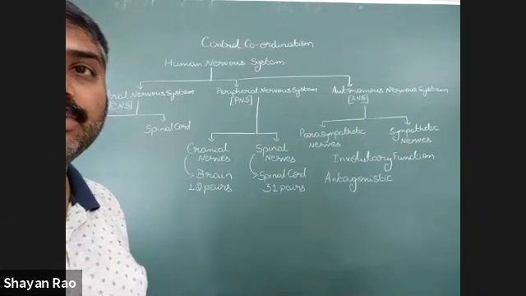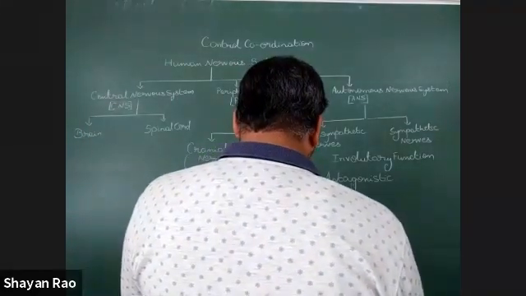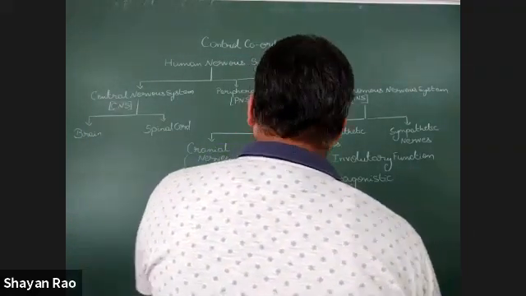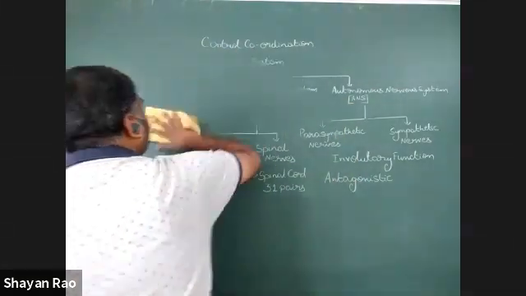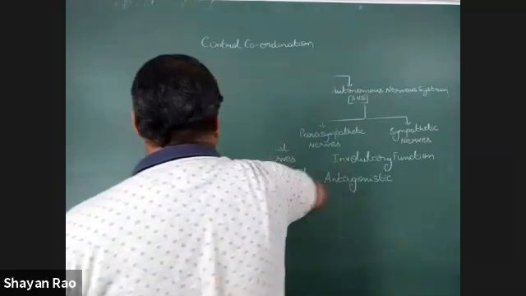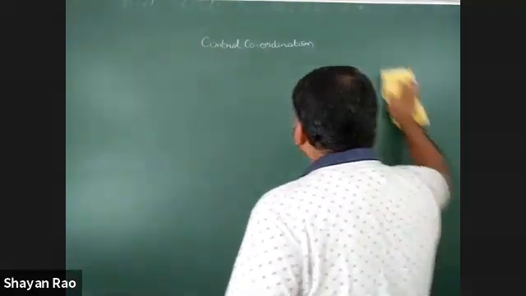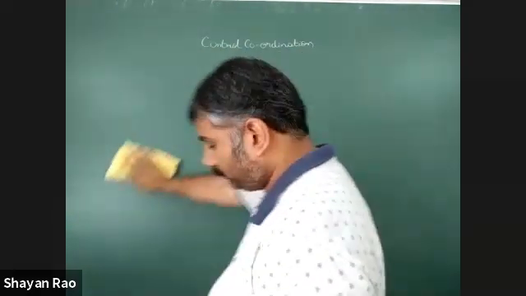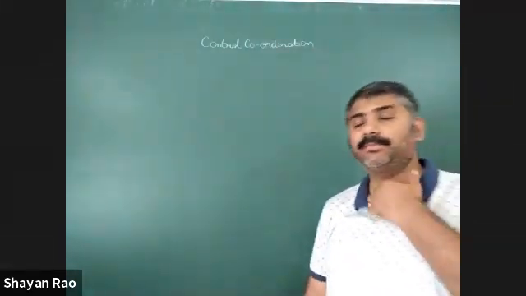Okay, fine. So let's go ahead to understand the next thing, which is the structure of the brain. Let's understand the brain structure. I need to draw a diagram. Before drawing the diagram, let me give you some small information about the brain.